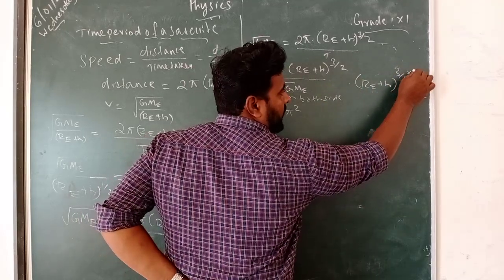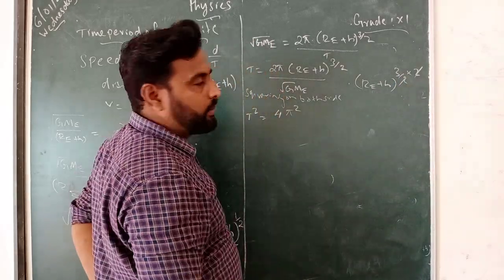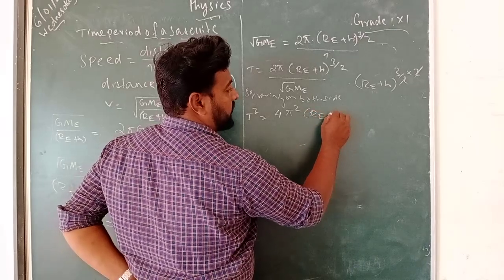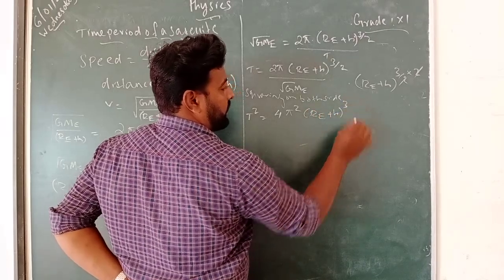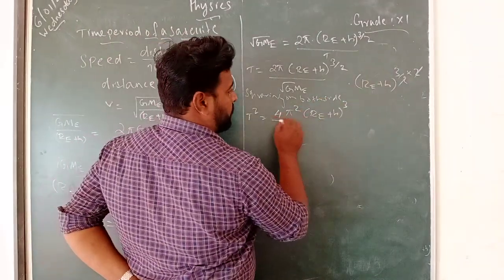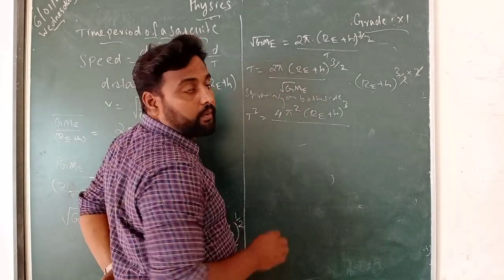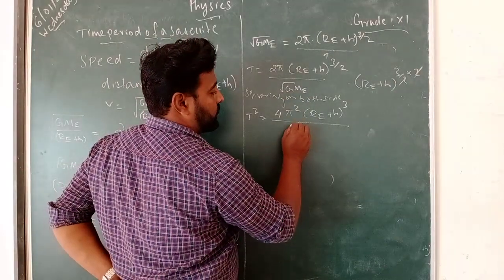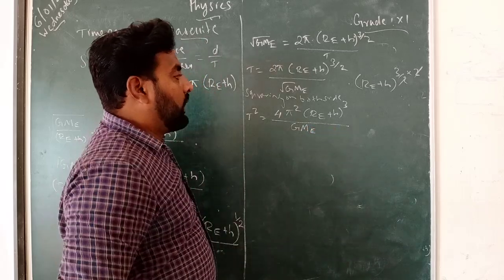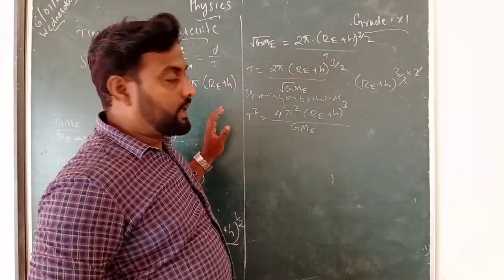When we square, the power 2 cancels, so (R_e + h) the whole cube will remain. And this root GM_e, when we square, the root will go, so it becomes GM_e. This is the time period for the satellite.